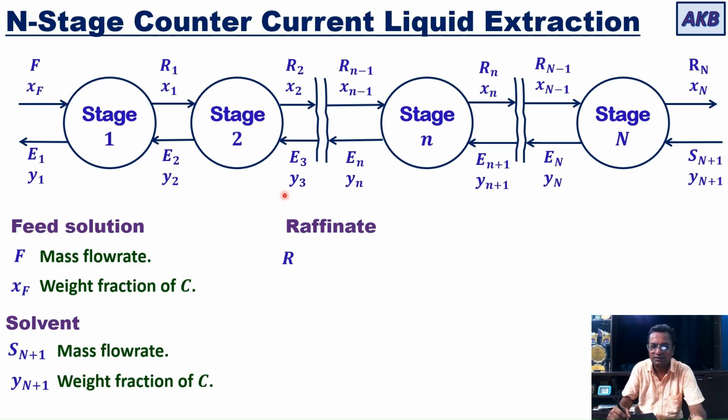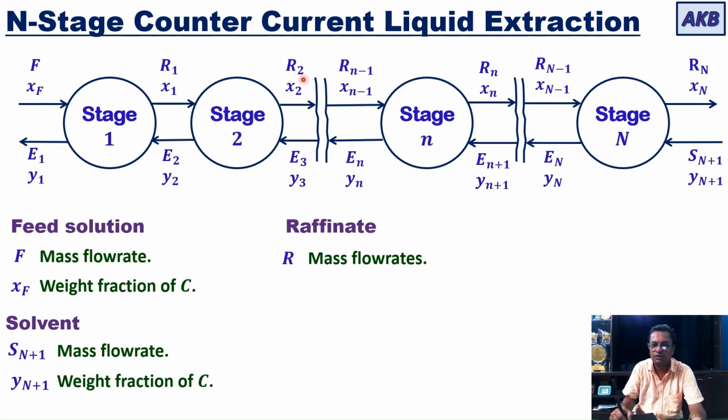Then the raffinate phases, all raffinate phases, will be denoted by capital R. The mass flow rate will be denoted by capital R. So the number signifies the stage from which it is coming out. For example, if it is R1, that means this raffinate phase is coming out of stage number 1.